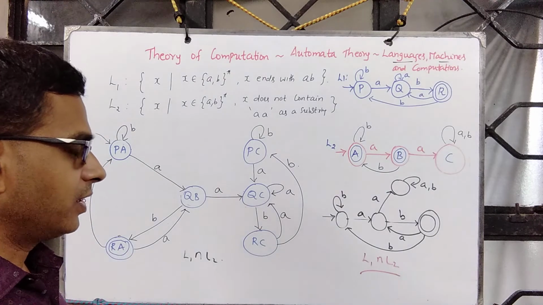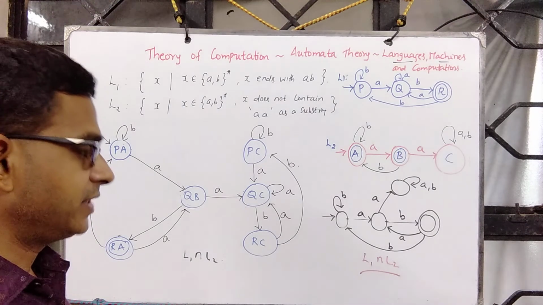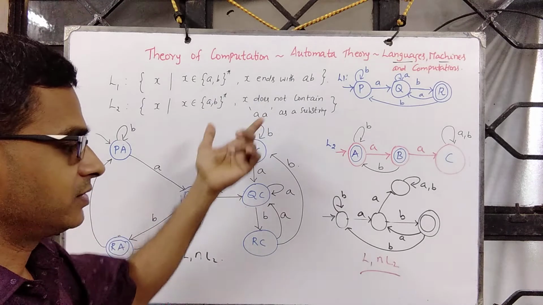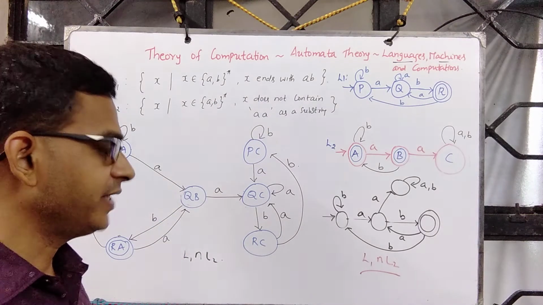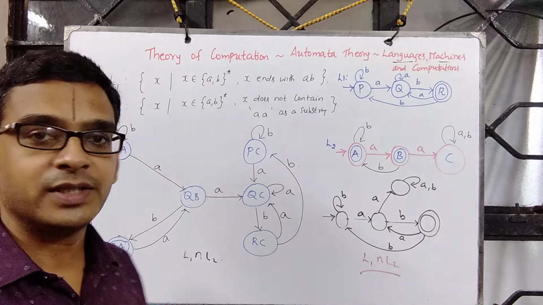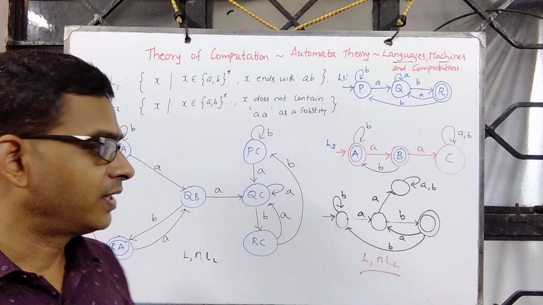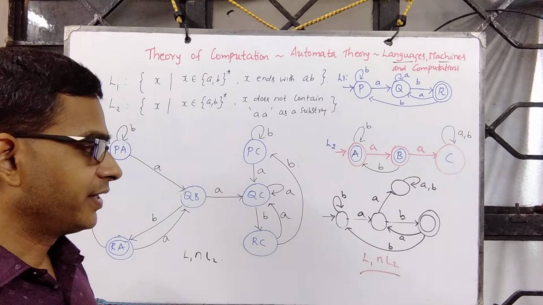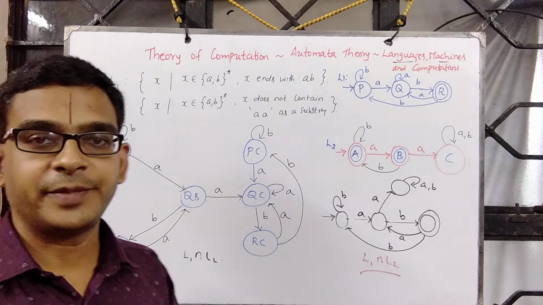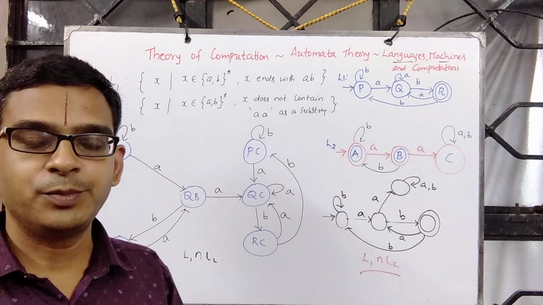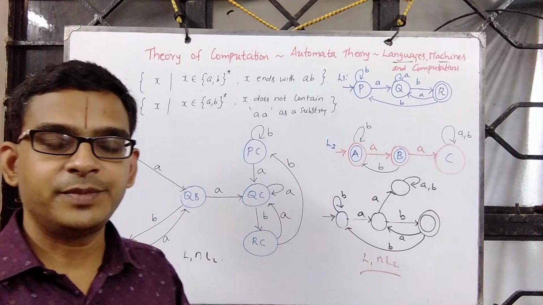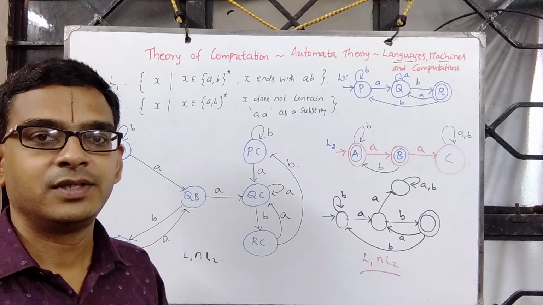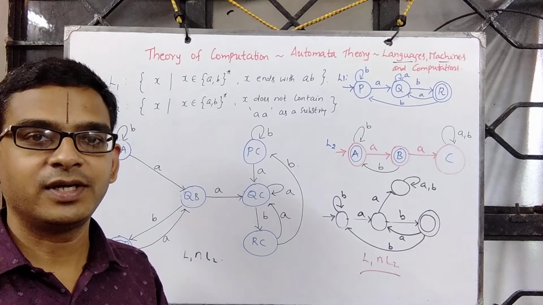So having seen a couple of machines, some of them perform pattern matching, some of them perform counting, let's explore some more varieties. And the other interesting question is, given a deterministic finite automaton, how do we obtain a minimum one? Given a non-deterministic machine, how do we obtain an equivalent deterministic machine? So all that we shall explore in due course.